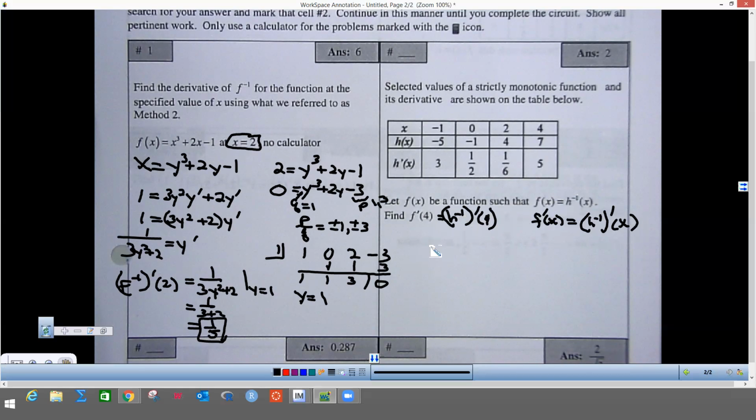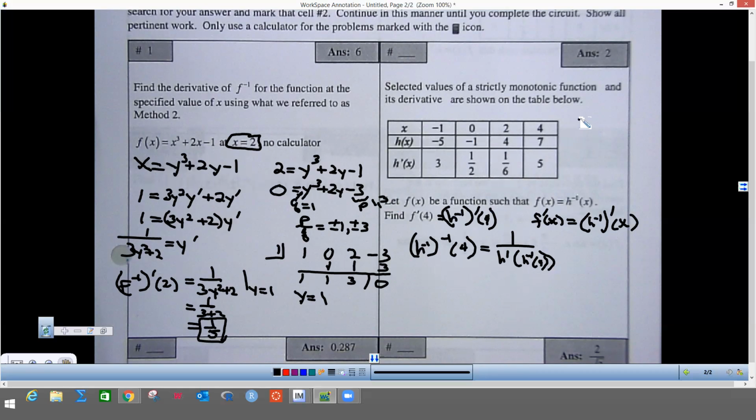So what I need to do is I need to know that the derivative of the inverse function at 4 is going to equal 1 over h prime of h inverse of 4. So we just talked over here that in order to find an inverse, we flip-flop x and y.